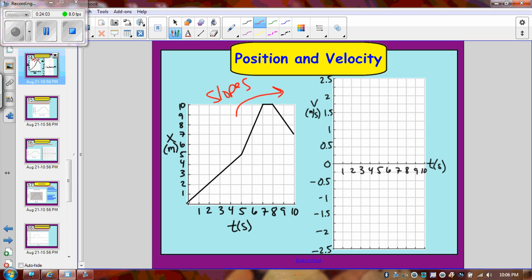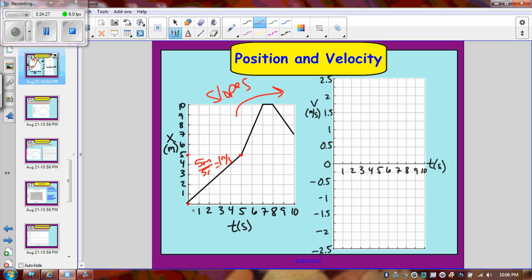So let's look at this first part right here. From the origin to right here, the velocity is constant because it's linear. Okay, so let's figure out what that slope would be. The change in position goes from 0 to 5 meters in 5 seconds. So 5 meters divided by 5 seconds gives us a velocity of 1 meter per second.